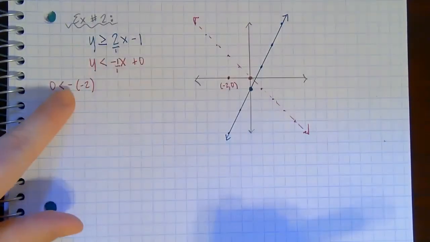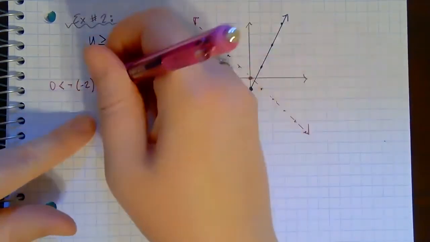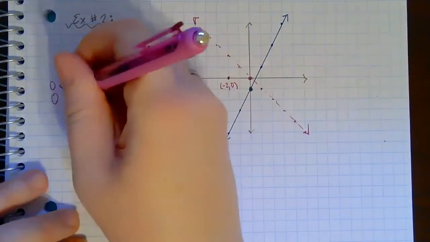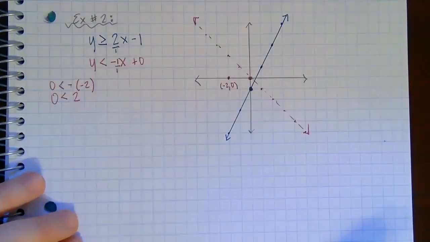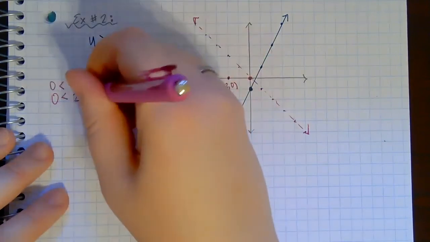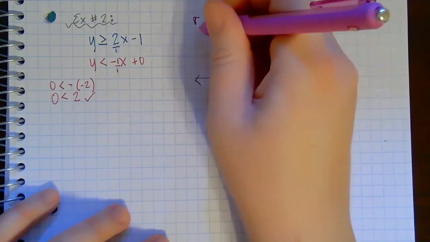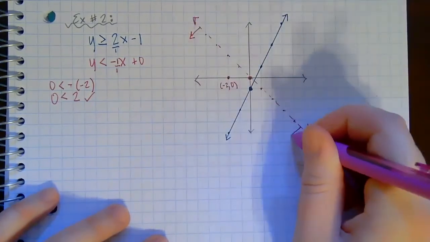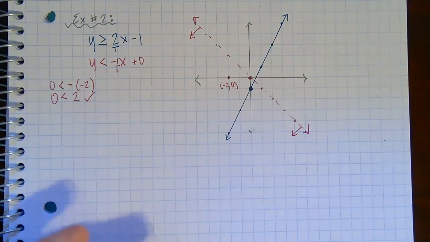Be careful that you still have that negative on the outside that was originally there, and then the 2 is negative. Okay, so 0 is less than, -2 is +2. So 0 less than 2? Yes, it is. So I would want to shade on the side of the line where that is. So that means I'd shade this way, right, below the line.